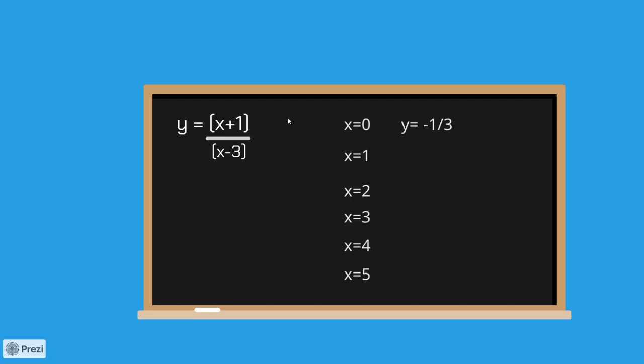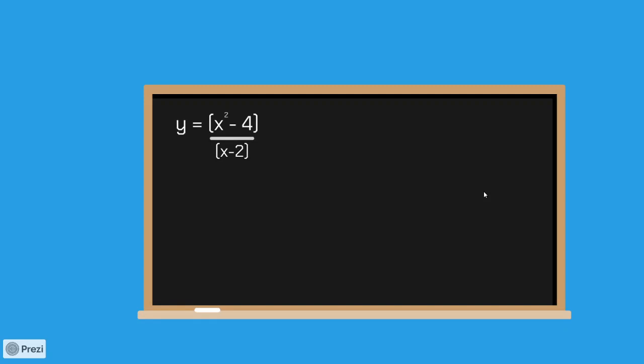When x is 0, y is minus 1 by 3. When x is 1, y is minus 1. When x is 2, y is minus 3. When x is 3, I get 1 by 0. When x is 4, y is 5. When x is 5, y is 3. Everything else is fine, except for this value. That 1 by 0 I can write as infinity, because you know what it is. So you see there is an issue.